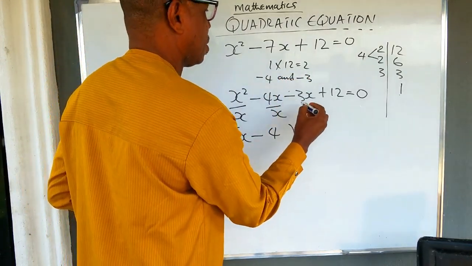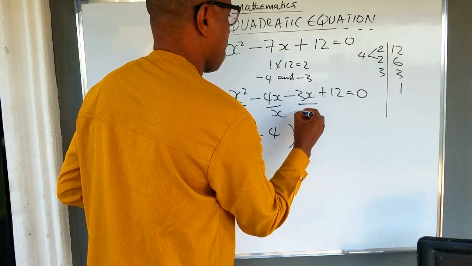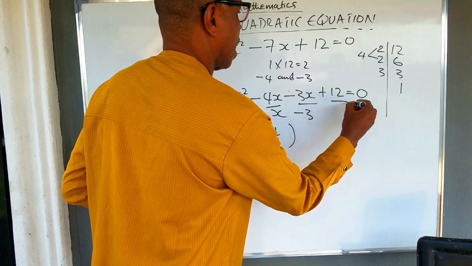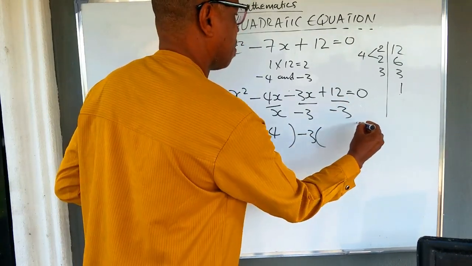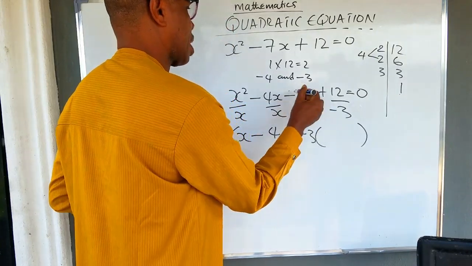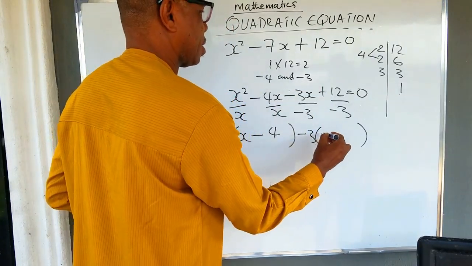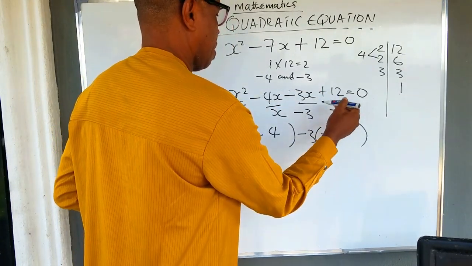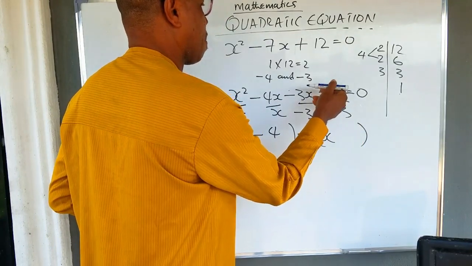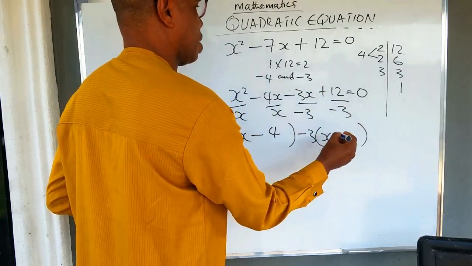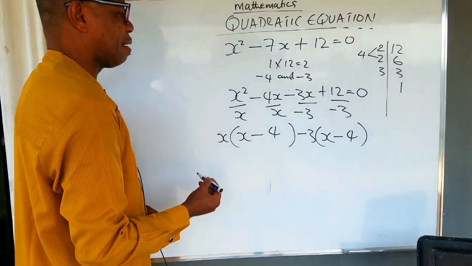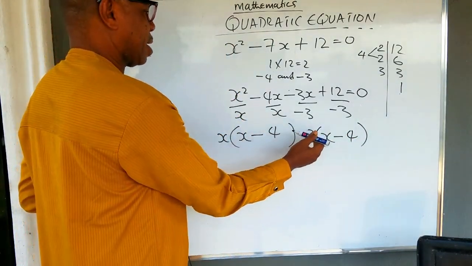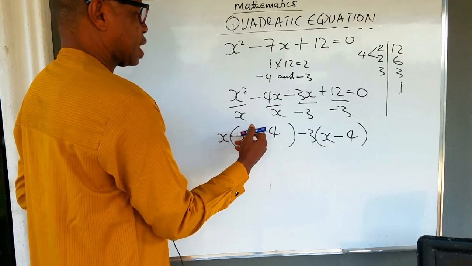Then this side, I will divide with minus 3 and minus 3. I'll bring the minus 3 down also, open the bracket again. Minus 3 will cancel out minus 3, so I have here x will remain. Minus 3 divide plus 12, minus divide plus is minus. I'll have 4. Notice that I now have x minus 3 and x minus 4.